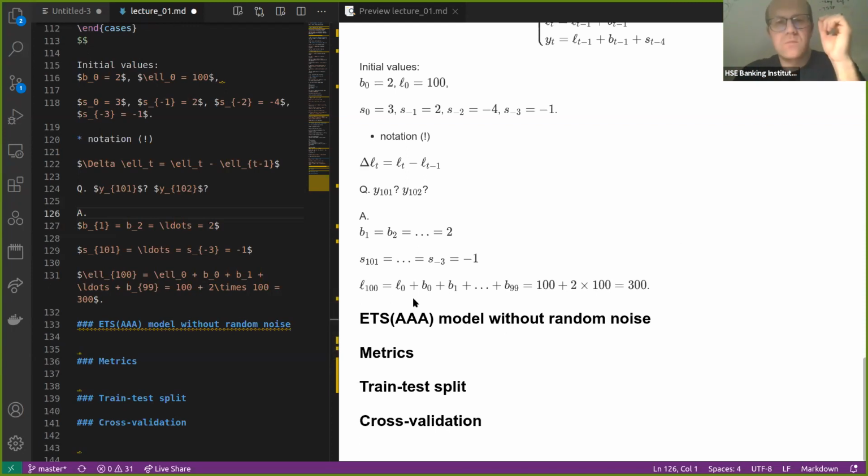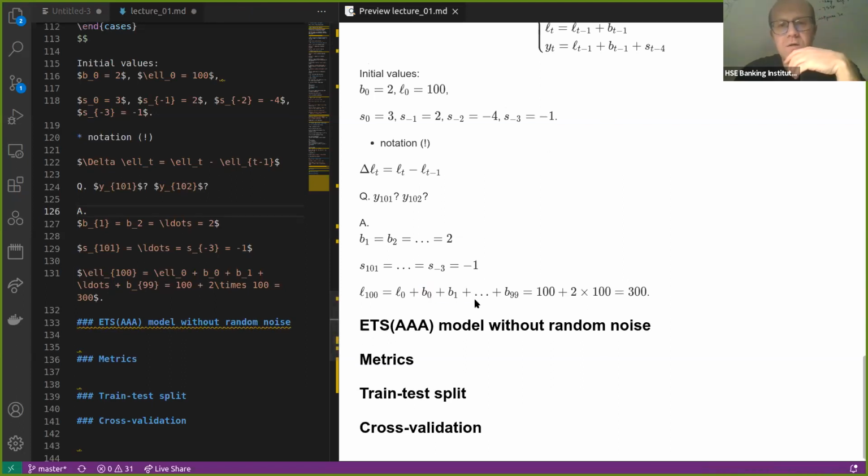Let's understand the logic. It's very simple. How many numbers are from B1 to B99? From 1 to 99, there are 99 numbers. But I have B0, that's number 100.